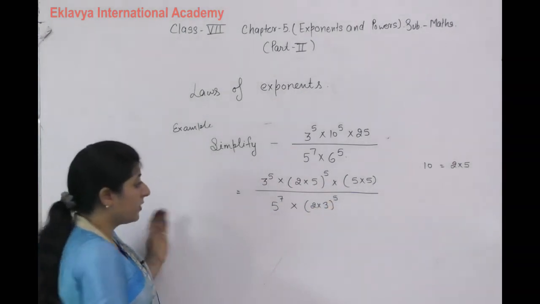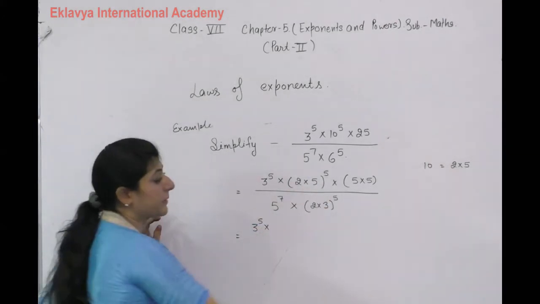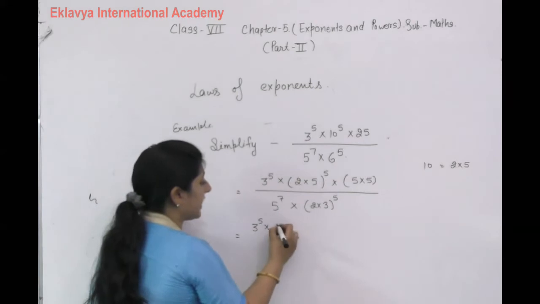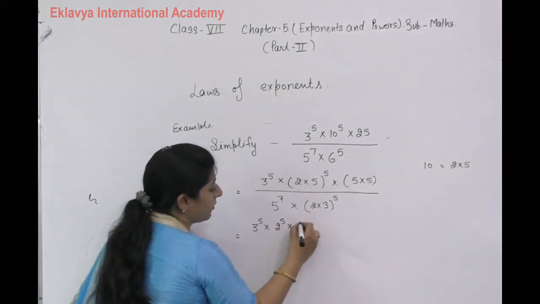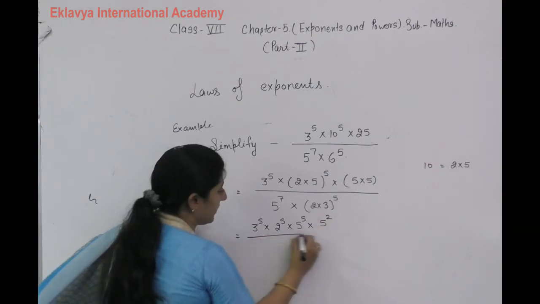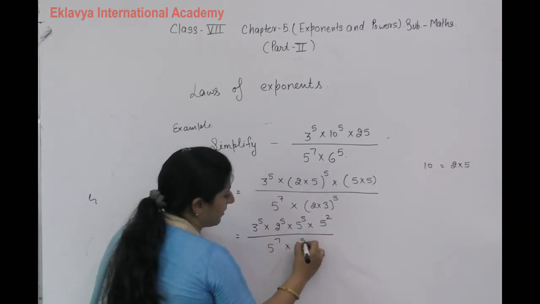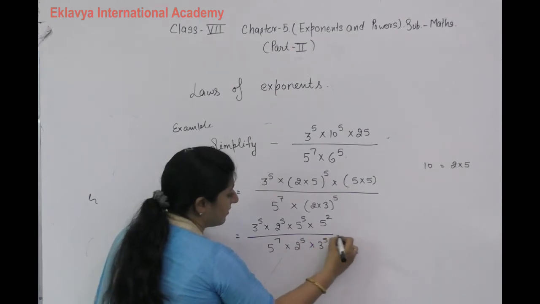We can write 3^5 into 2^5 into 5^5 into 5^2, divided by 5^7 into 2^5 into 3^5.